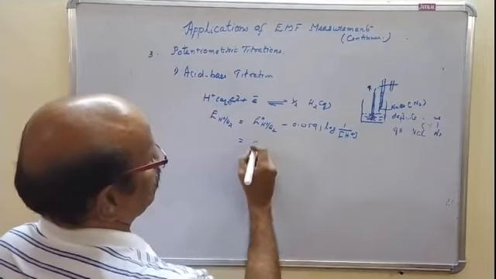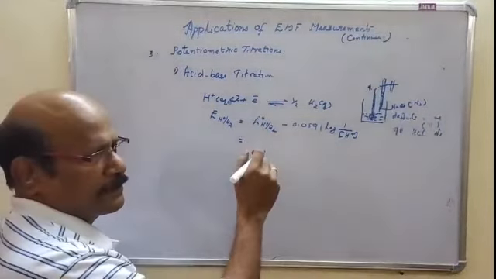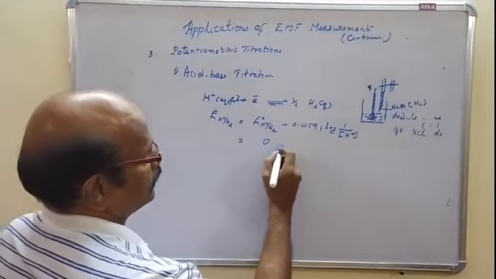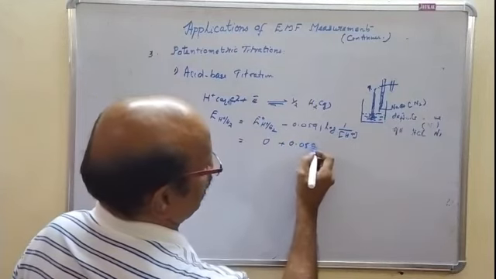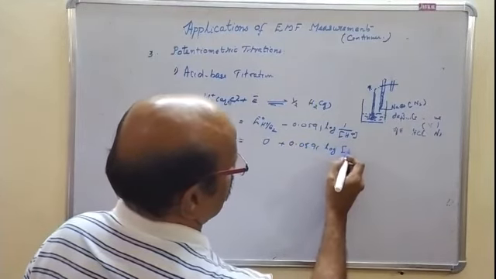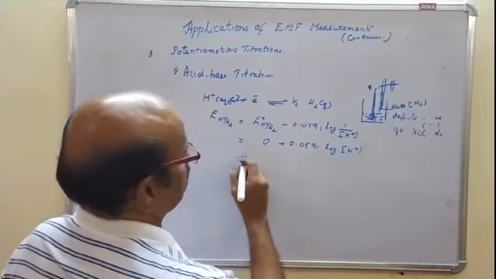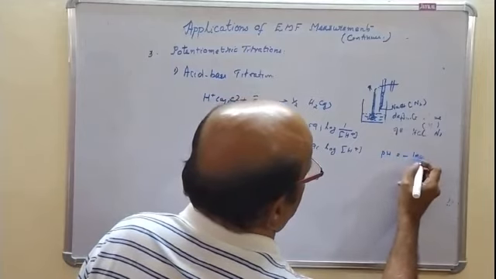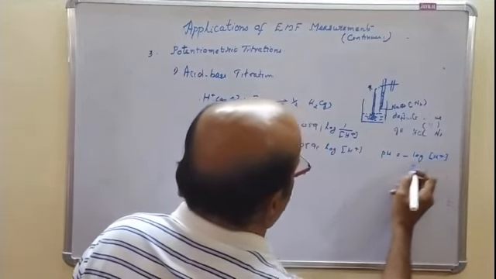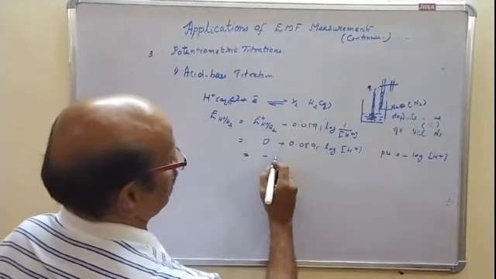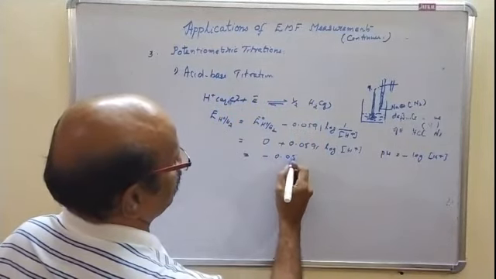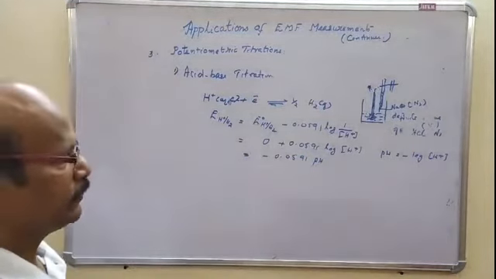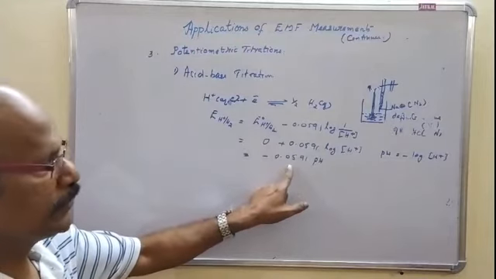The standard potential of the hydrogen gas electrode is 0, so it is 0 plus 0.0591 log H plus. All of you know that pH is minus log H plus, so we can write this as minus 0.0591 pH.